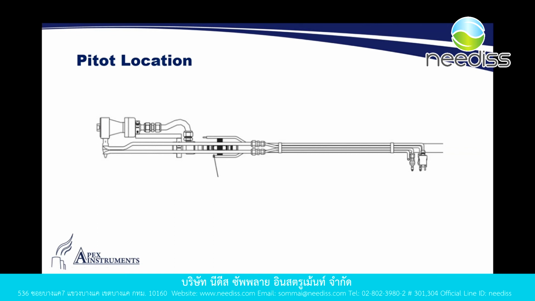So fortunately, we've designed all of our Apex equipment so that you can actually switch the pitot tips here, and you can remove your PM5 and replace it with an extended particular pitot for your 201 sampling. The rest of the equipment you could utilize from your existing method 5 setup. So it makes the system very versatile.